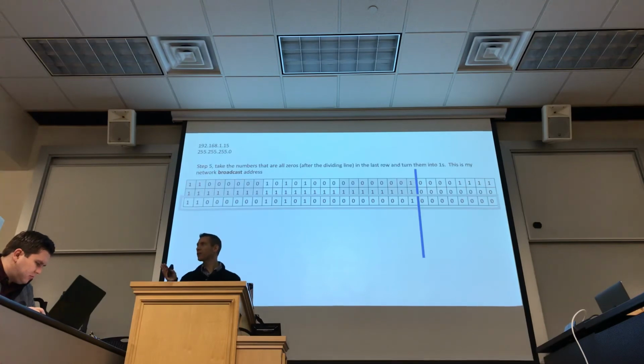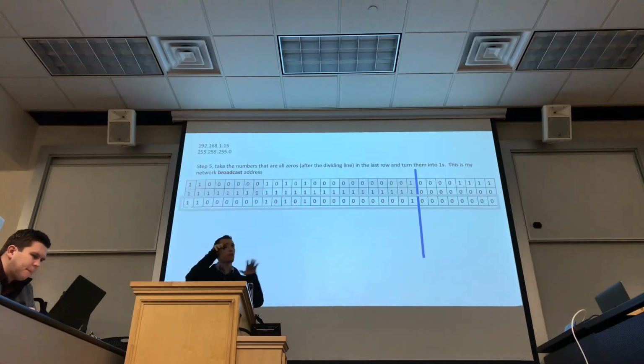Okay, let's go on to the next question. So we figured out our subnet mask, we figured out our network address. Our network address happened with everything on this bottom line. Now I wanna figure out my broadcast address. The broadcast address is the equivalent, on the local area network, of a broadcast of all ones to everything in the local area network, except now we're not just at layer 3, we're not restricted to just our physical network.